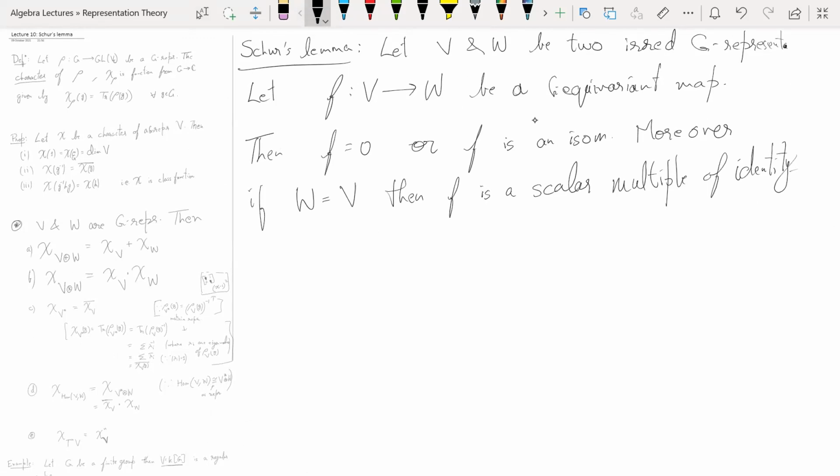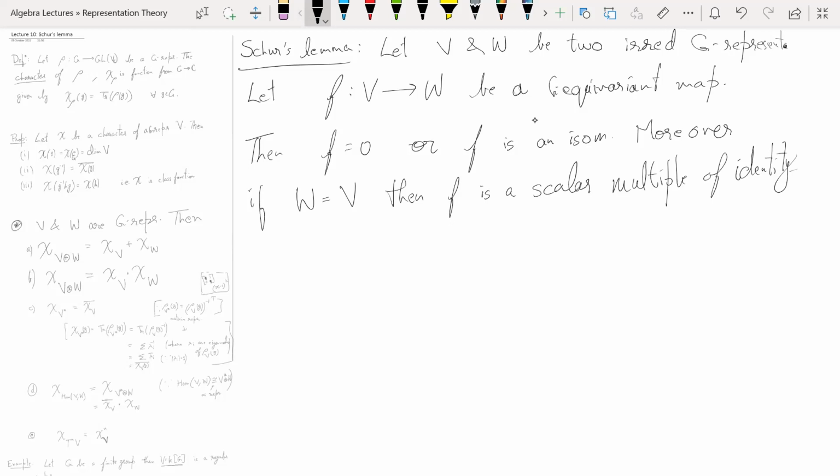Then F is either 0 or F is an isomorphism, meaning if it is non-zero, then it has to be an isomorphism. If it is an isomorphism, you can identify W with V. Moreover, if you think of W as V, then F has to be a scalar multiple. It's not going to be some crazy element of GL(V).